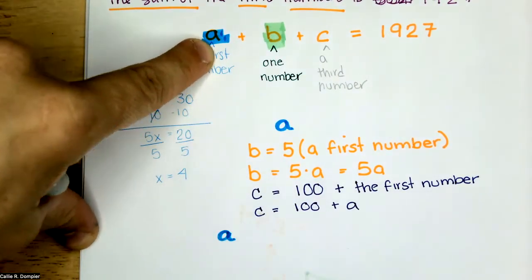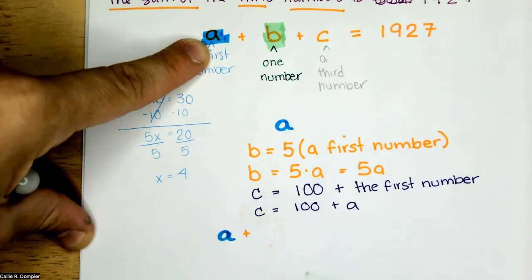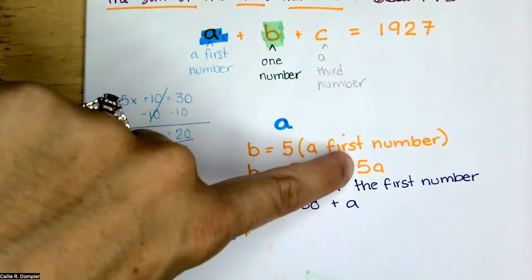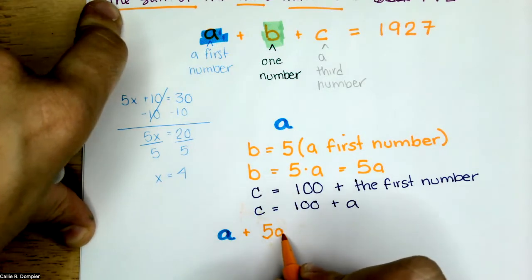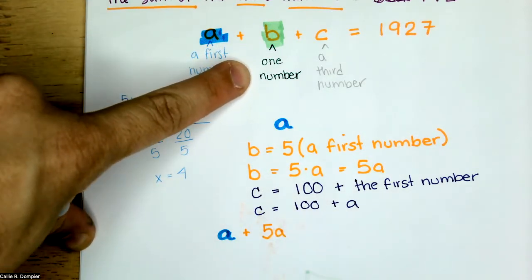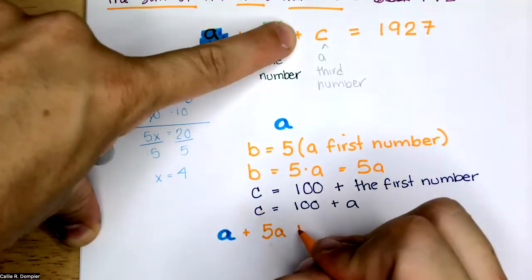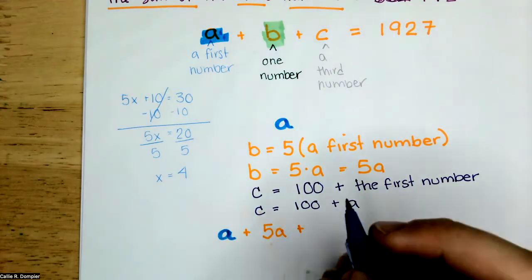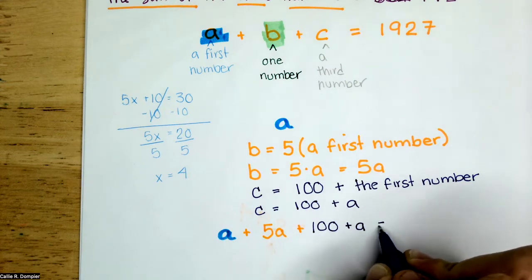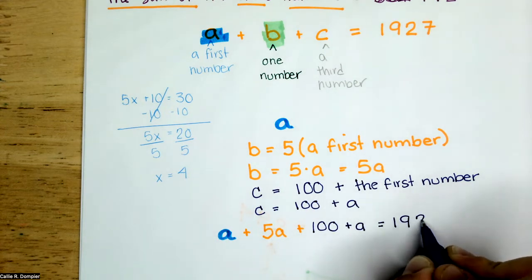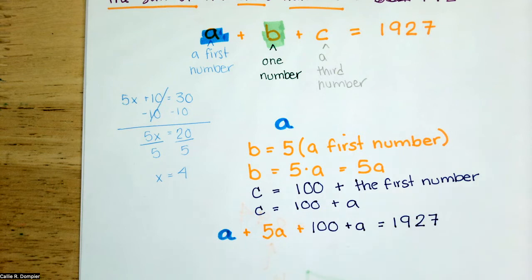So we have our original A. Keep that same plus sign because it's still a sum. B is now 5A, right? So we have A plus 5A to show the second number. Keep that plus sign. And C we decided is 100 plus A equals 1927.